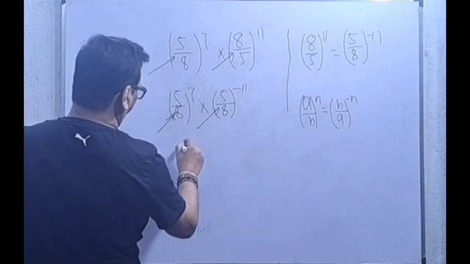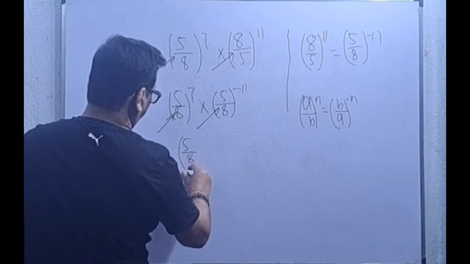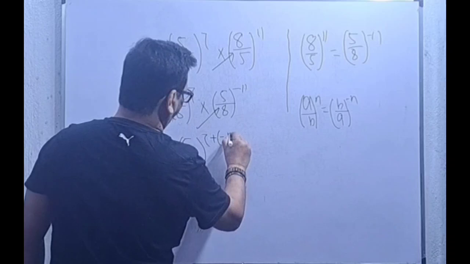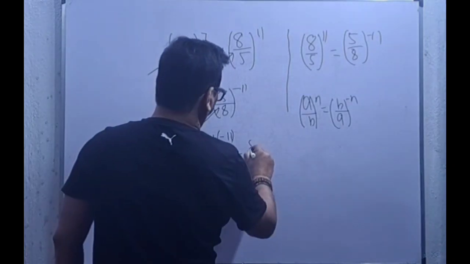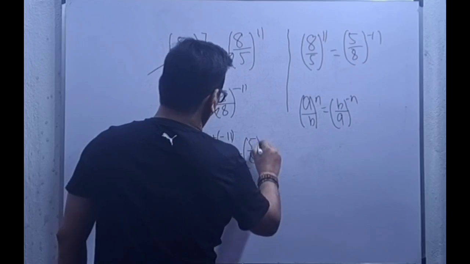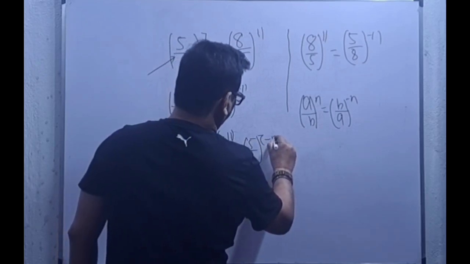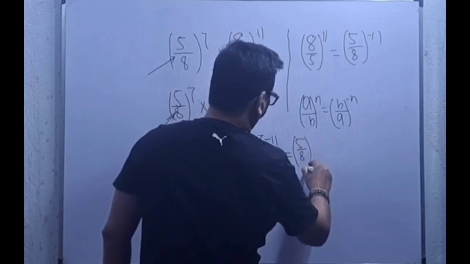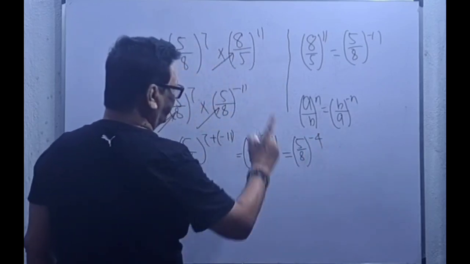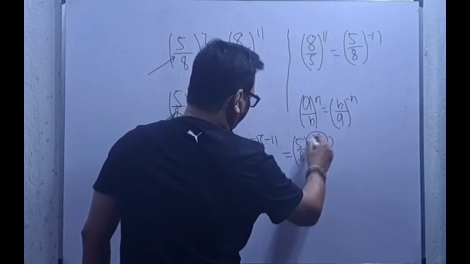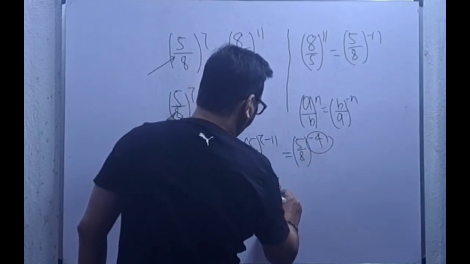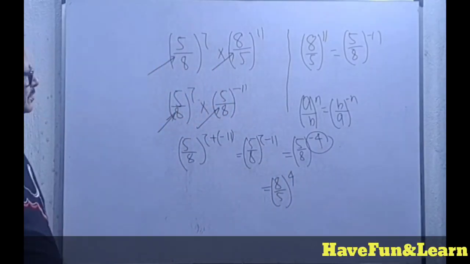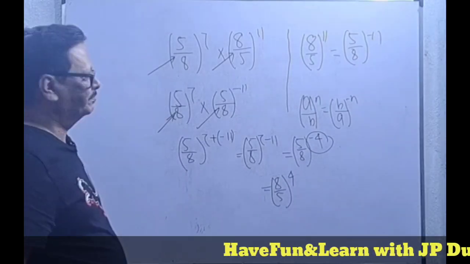So 5 by 8 to the power of 7 plus minus 11, which gives you 5 by 8 to the power of minus 4, and we can make the power positive by writing 8 by 5 to the power of 4. Correct? Understood? Is it clear?